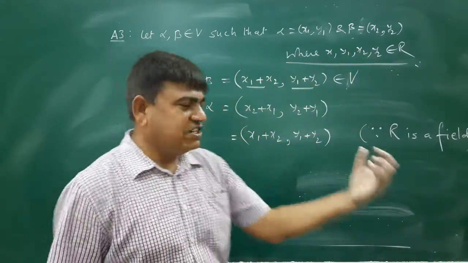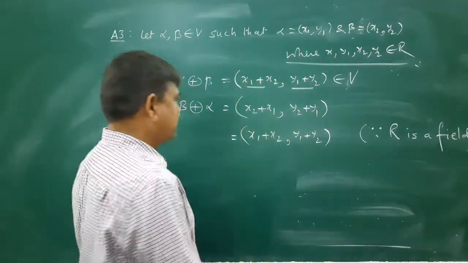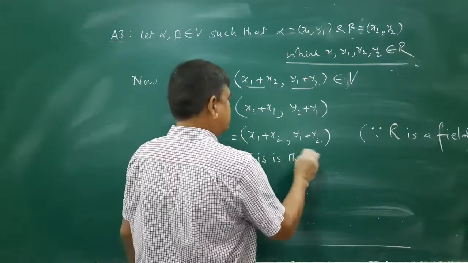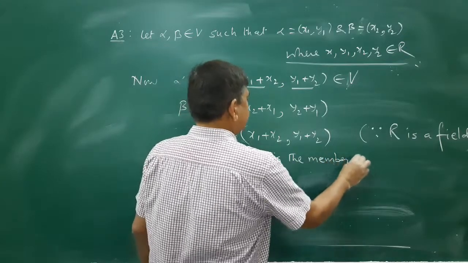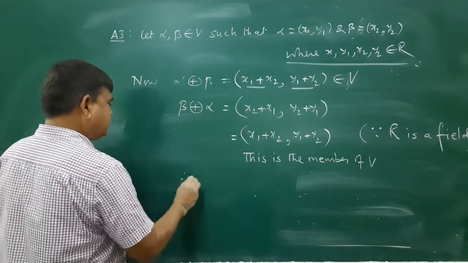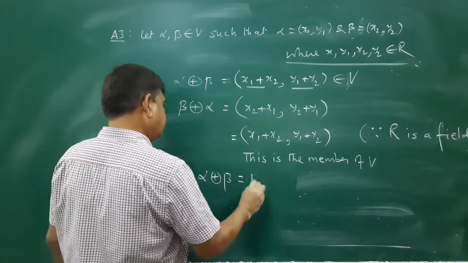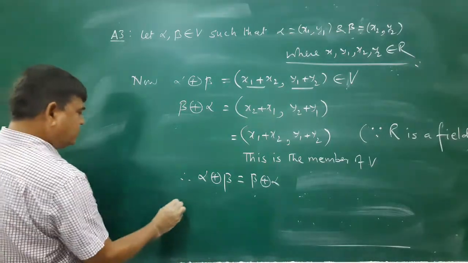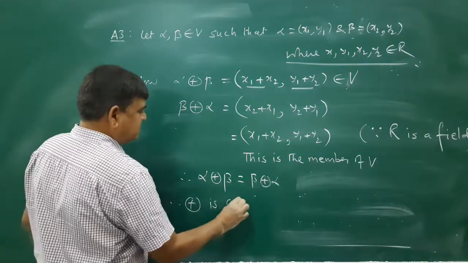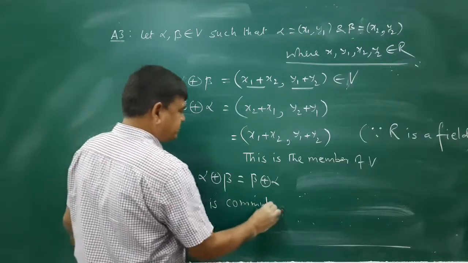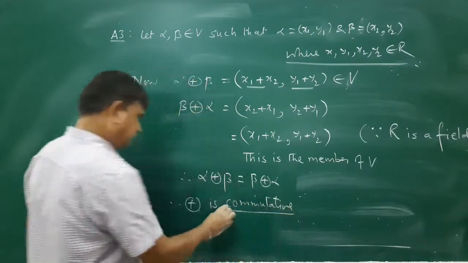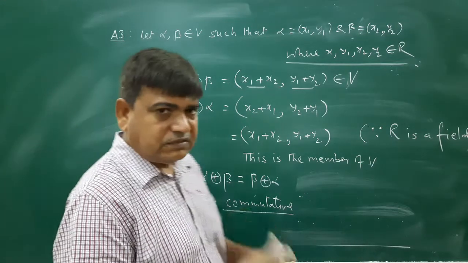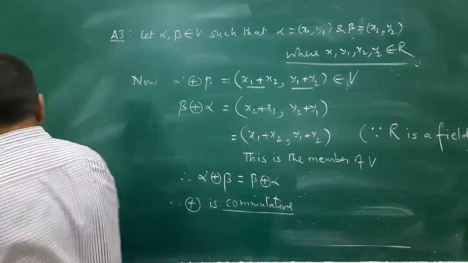So this commutative property holds in the numbers, and this is the member. Therefore, remember it is true for all alpha, beta. Therefore, it is commutative. Okay. Third one. Come to the fourth.